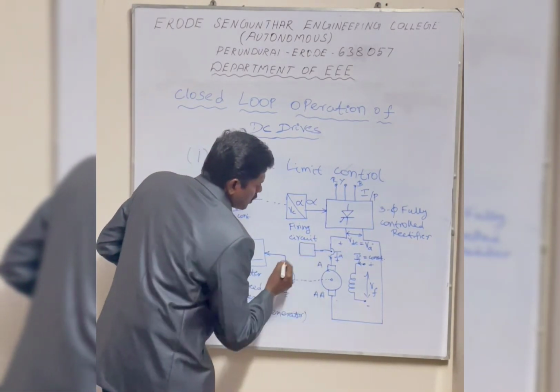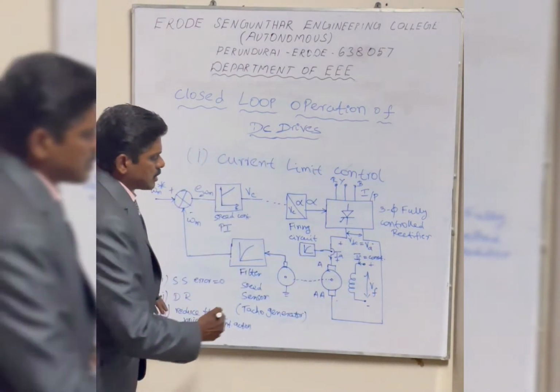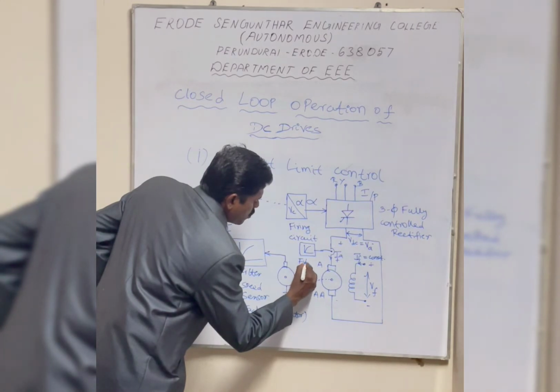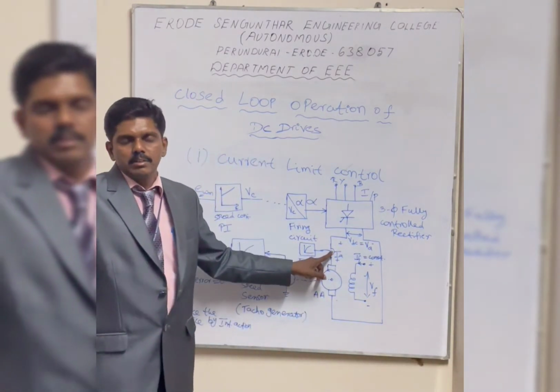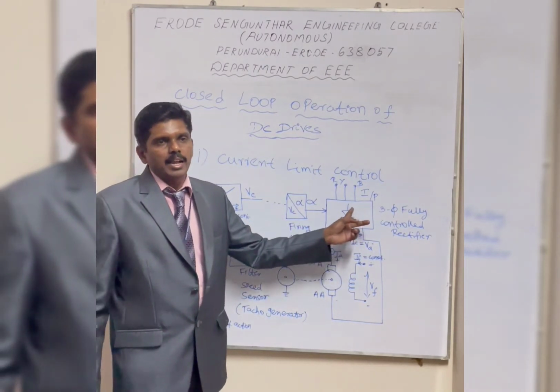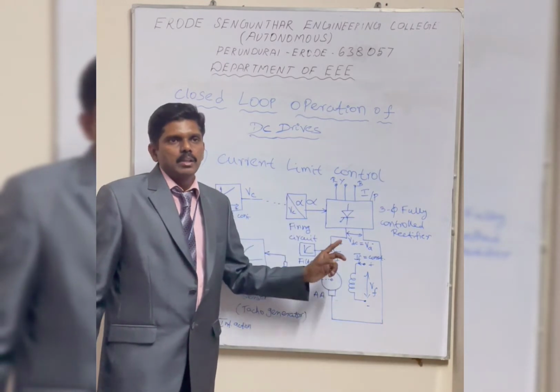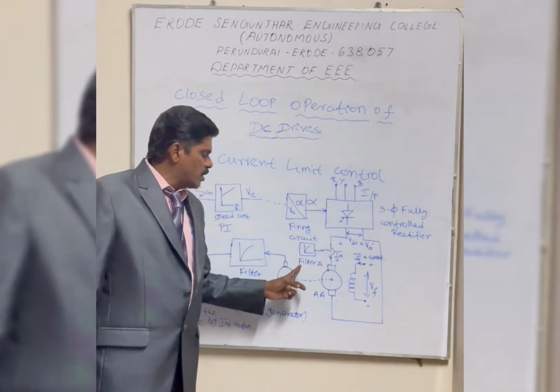The armature current is measured and passed through a filter circuit. Here also I am using one filter circuit to filter out the ripples available in the current, because this current is derived from the converter. Converters always produce ripple, therefore we need to reduce it, and we can go for a filter circuit.